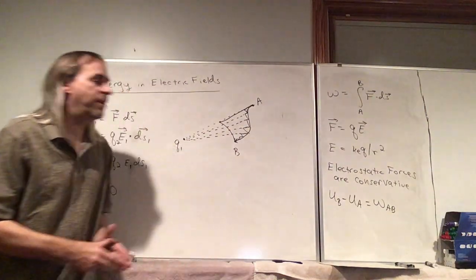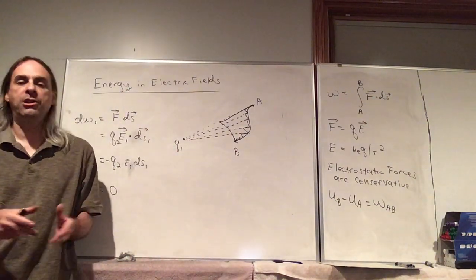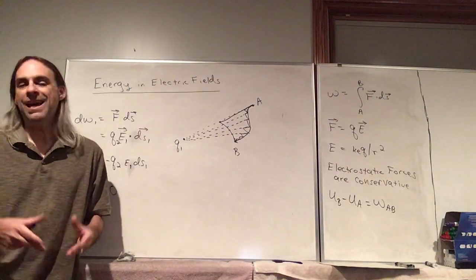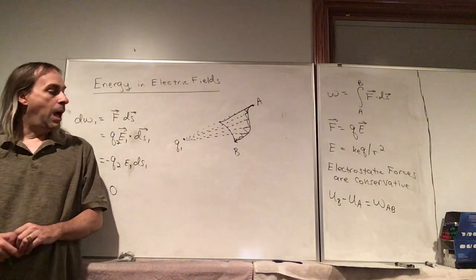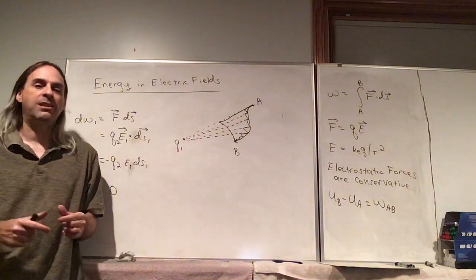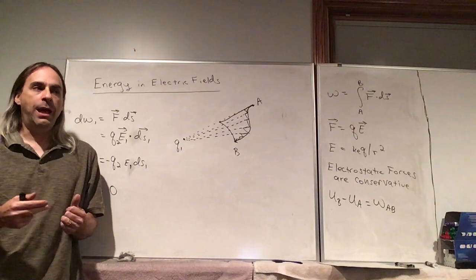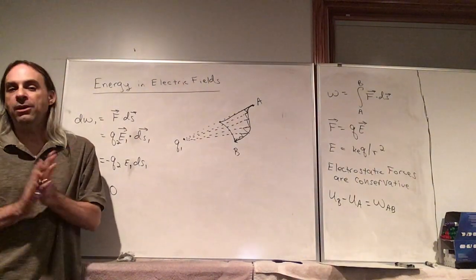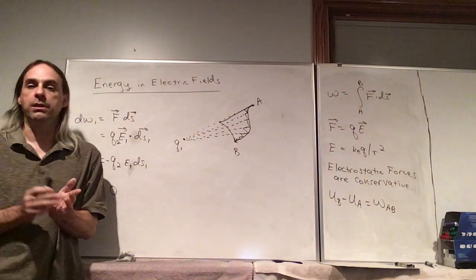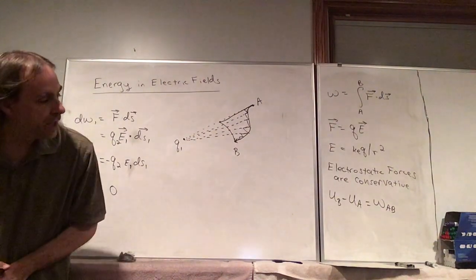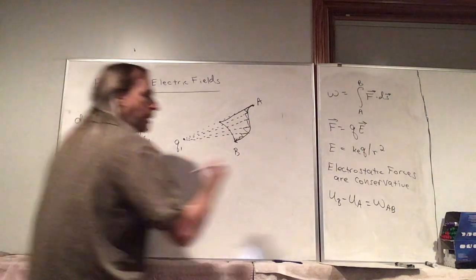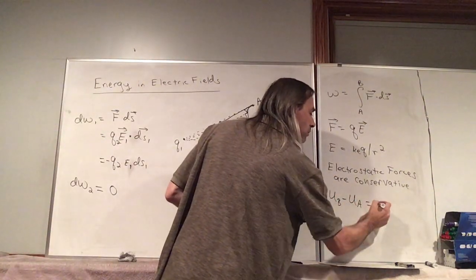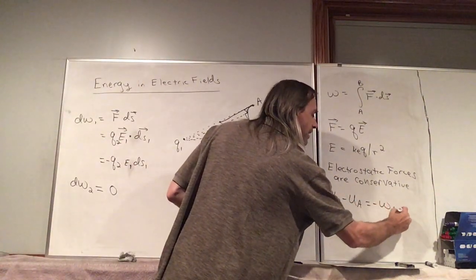And we can't really define potential energy as just a function of position. It's not quite that simple, because potential energy is defined by work, and work has to follow some path. So we can only define differences in potential energy. We have a minus sign.